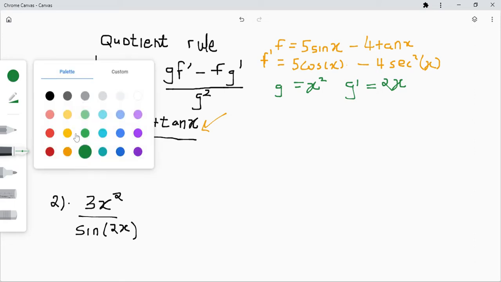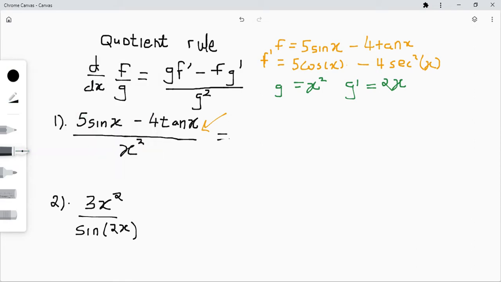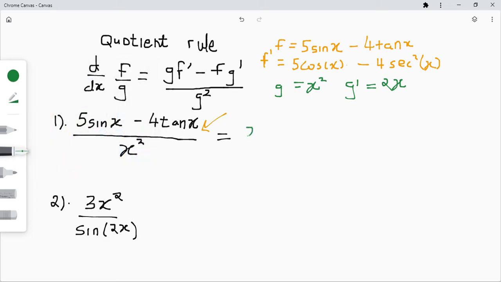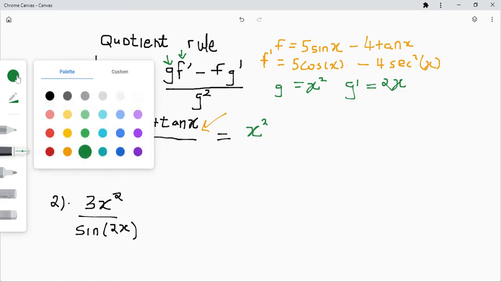All right, so I'm going to say this equals, our g is x squared. Remember, it's g multiplied by f prime. Our f prime is, so we're just going to open brackets here.